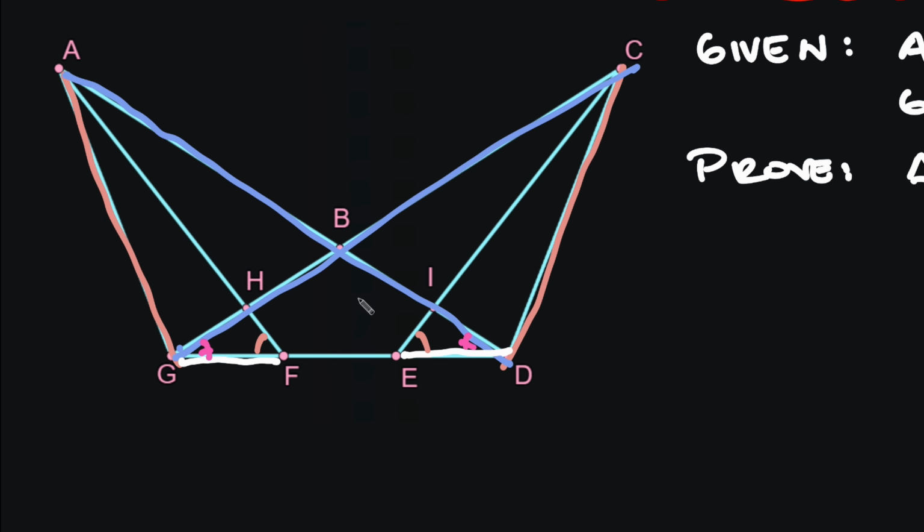If we can show that triangle, let me change the color, if we prove that the triangle AGD is congruent with the triangle CDG, then we know that the two angles are congruent, and we can then use ASA to prove that.